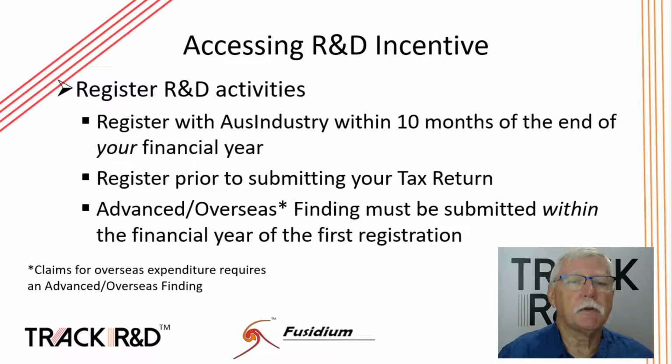Thus, for a financial year that ends in June, you have until the following April to complete your R&D tax incentive registration and submit to Industry. That registration needs to be submitted prior to completing your tax return, as the registration number provided by Industry will need to be quoted in that tax return.